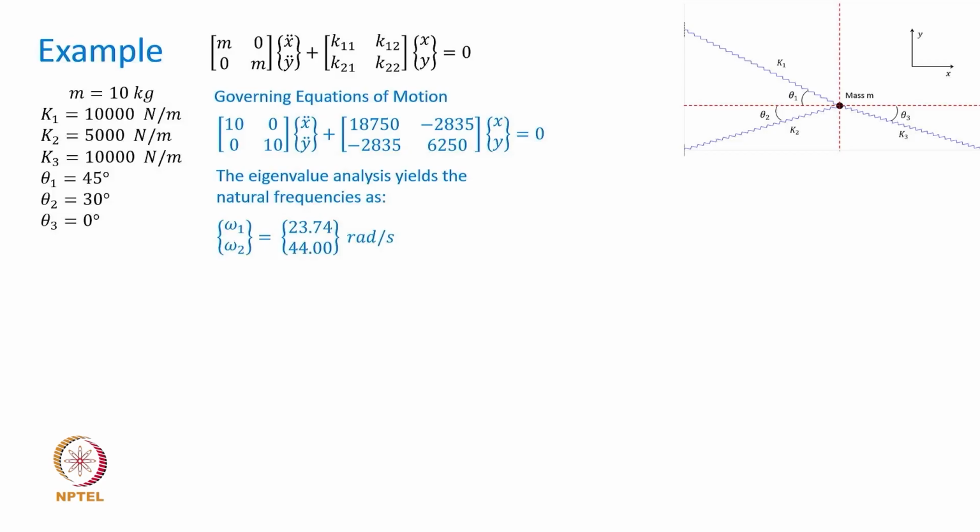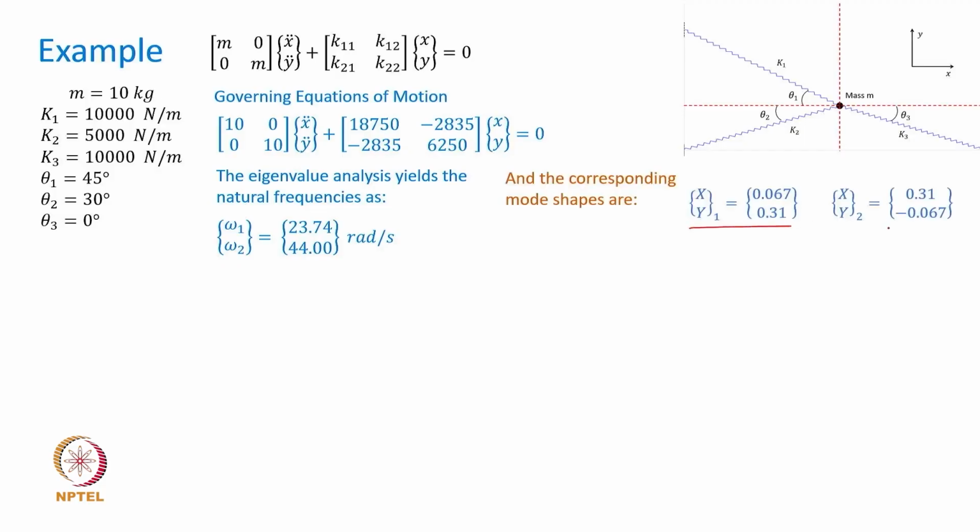But for large degrees of freedom, you will have to resort to some numerical approach to get the eigenvalue analysis resulting in the natural frequency values. Now the first and second natural frequencies turn out to be 23.74 and 44 radians per second, and obviously you can use in fact any commercial software to generate eigenvalues and eigenvectors. The two corresponding eigenvectors are found to be this one and this one.